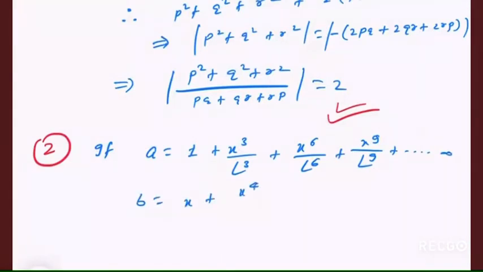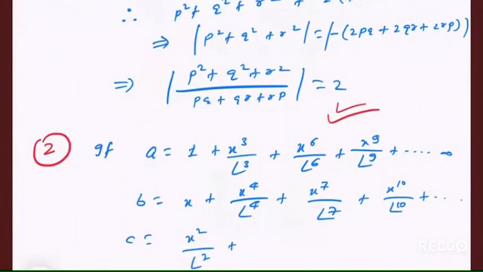Similarly, another number b is equal to x plus x to the power 4 by factorial 4 plus x to the power 7 by factorial 7, and so on, x to the power 10 by factorial 10, and so on. And the last number c is equal to x square by factorial 2 plus x to the power 5 by factorial 5 plus x to the power 8 by factorial 8, and so on.